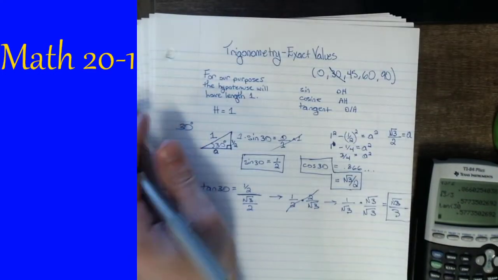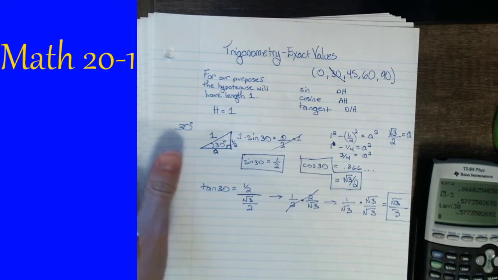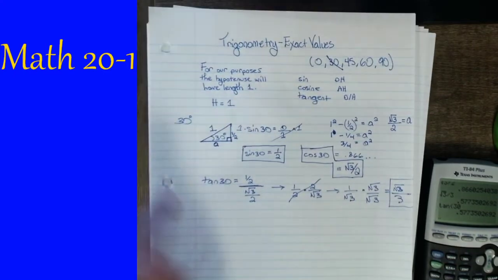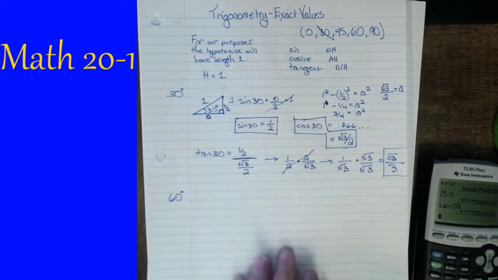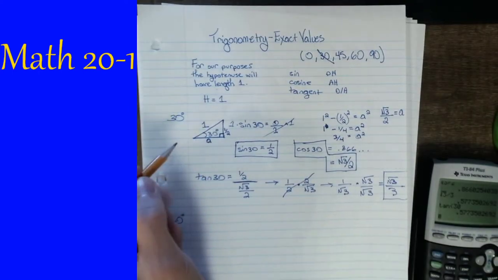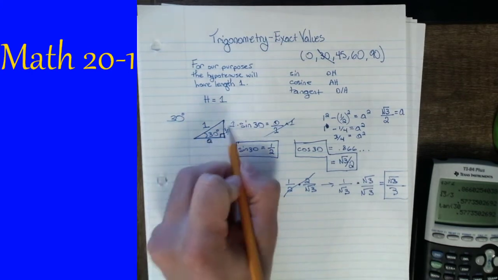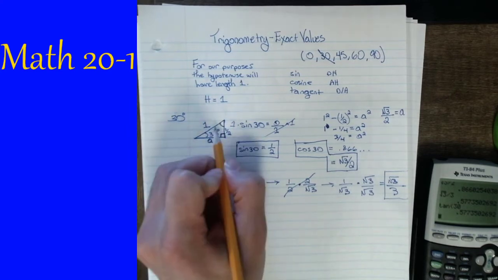Now, maybe dreading that we have to do this 4 more times, but with some clever thinking, we can do this about once more. We can automatically do 60 because we just did 30, and the whole time we were doing 60 as well, because all the angles in a triangle have to add up to 180.